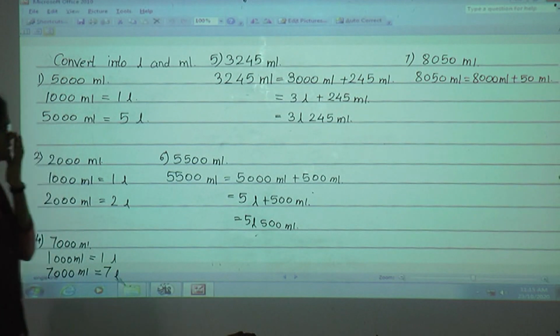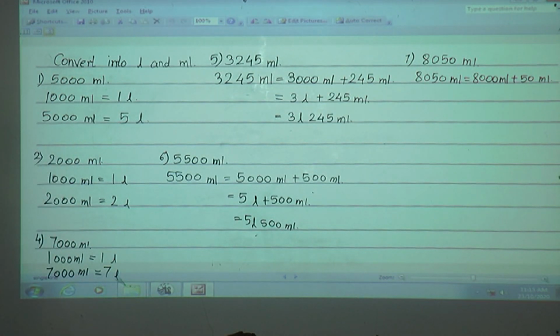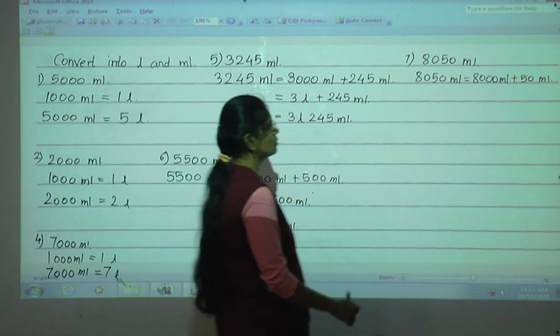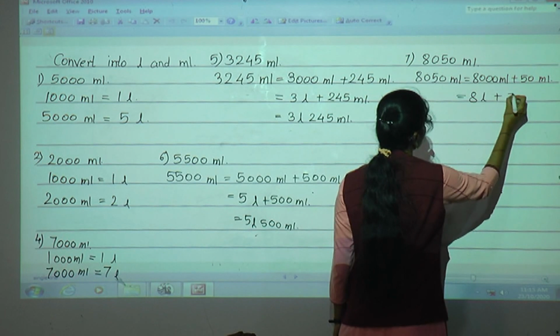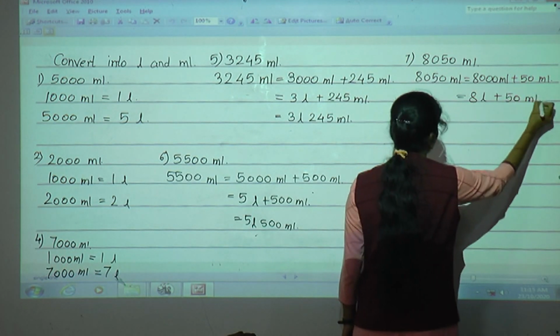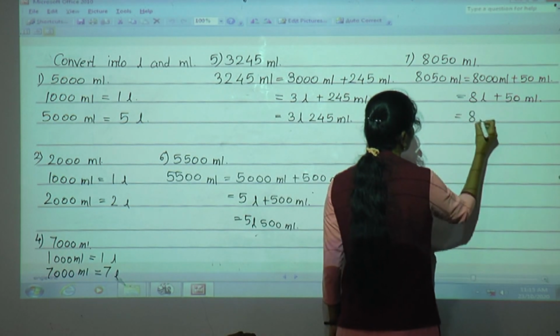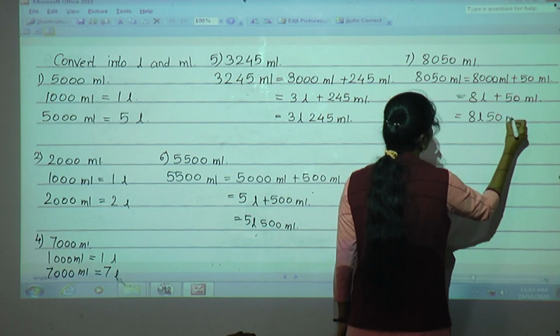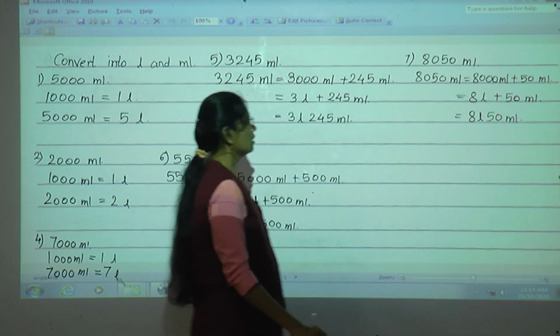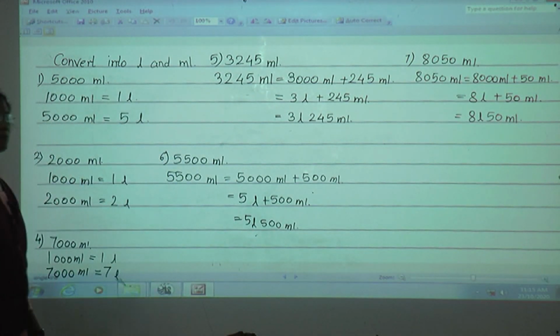Now see here, 8000 ml is equal to how many liters? Yes, 8000 ml is equal to 8 liters. So here we will write 8 liters plus 50 ml. Now in the step 3, only you have to remove this plus sign. So 8 liter 50 ml. 8050 ml is equal to 8 liter 50 ml.